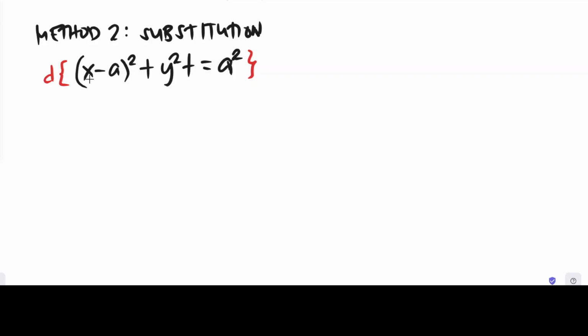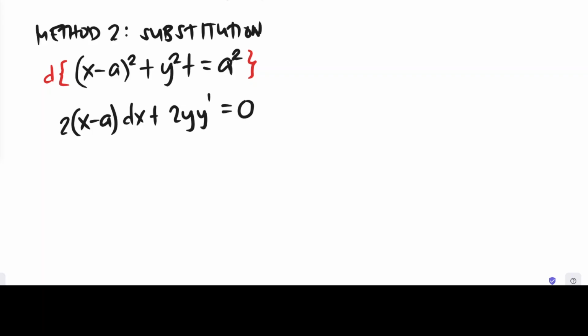So we have quantity x minus a, quantity squared. So by implicit differentiation, this will be 2 times x minus a. Then the derivative of x minus a will be dx, plus the derivative of y squared will be 2y dy, is equal to 0.